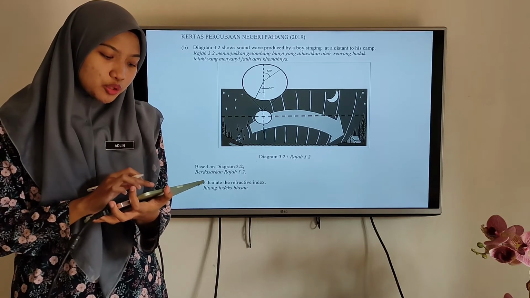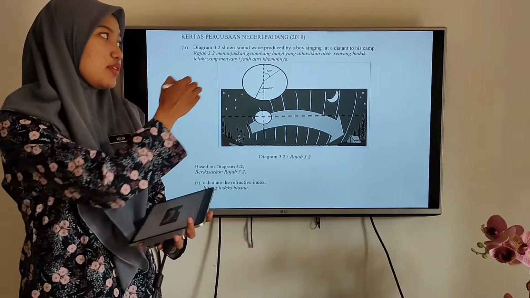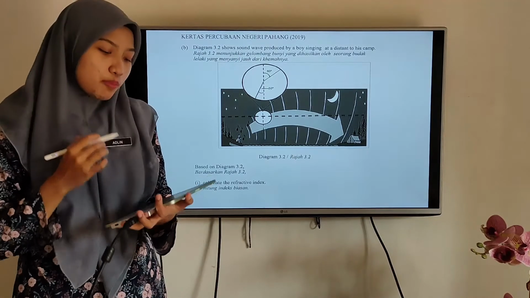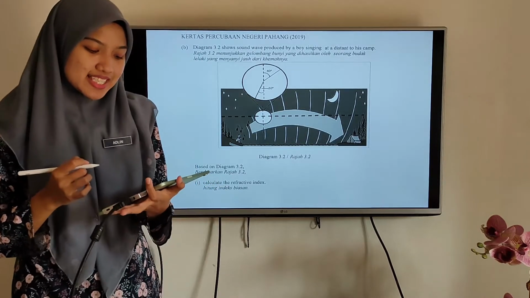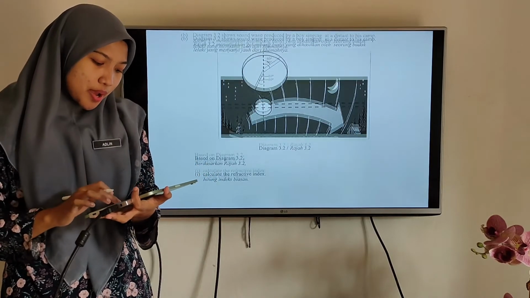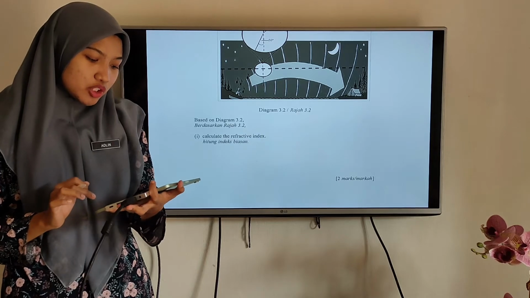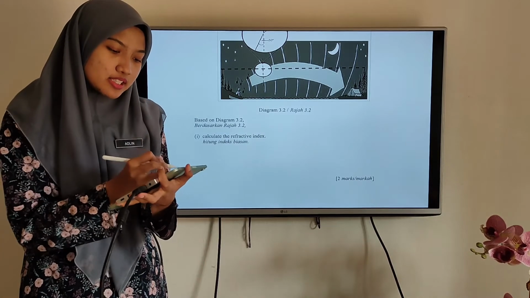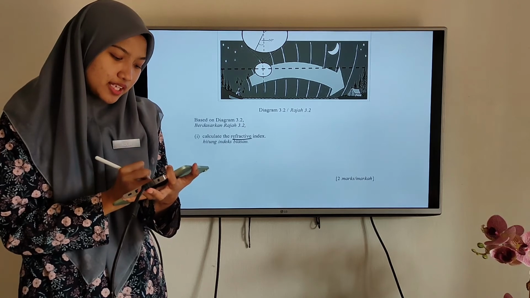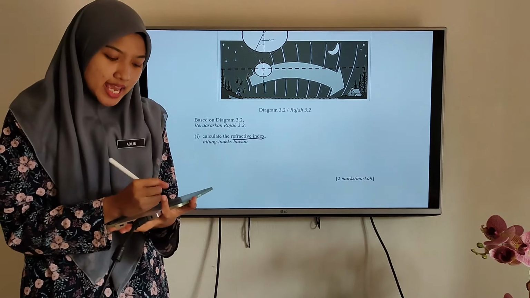So diagram 3.2 shows the sound wave produced by a boy who sings at the distance to his can. Based on diagram 3.2, calculate the refractive index. So the refractive index here is n.